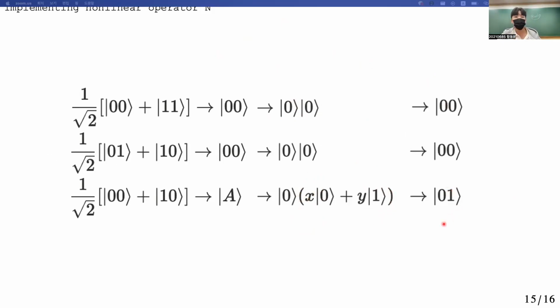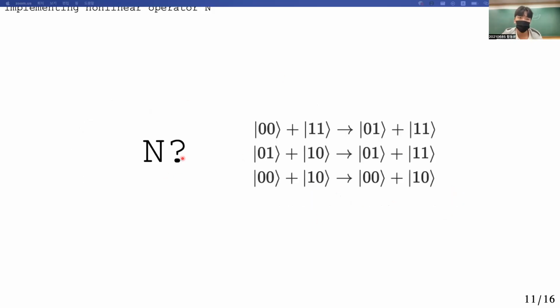As I said, these two nonlinear operators are easy to implement in the real world, but I don't know the exact steps for that. But yes, they are simpler than this big nonlinear operator N. So this paper is about how to build an algorithm using this nonlinear operator and how to implement this operator with much simpler nonlinear operators.